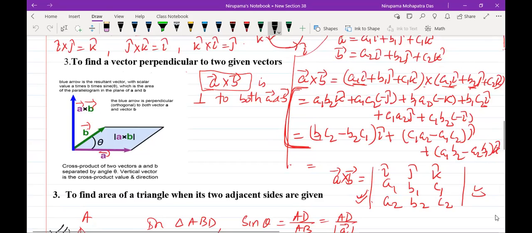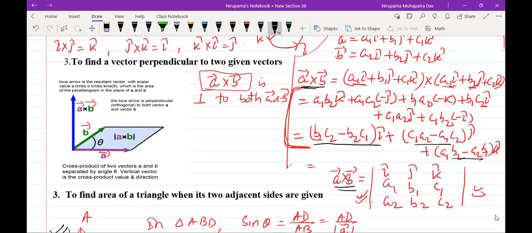Now to check whether 2 vectors are parallel or collinear. As we know, if A cross B is a 0 vector, this should be completely 0. Now for this determinant to be 0, A1, B1, C1, A2, B2, C2 should be proportional.